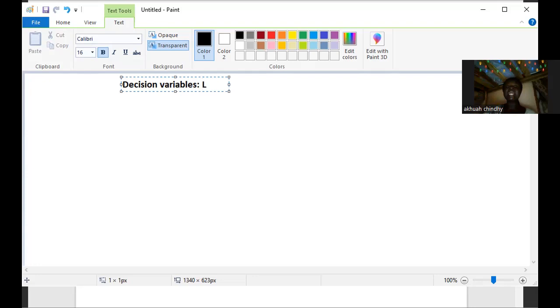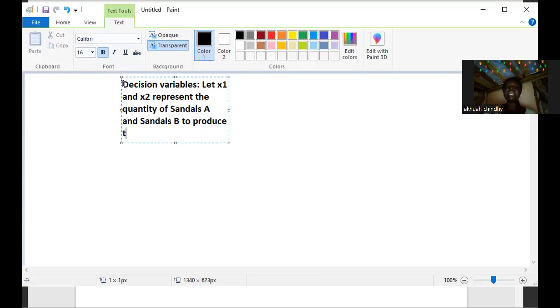So you can say, let x1 and x2 represent the quantity of sandals A and sandals B to produce respectively. So the respectively here is trying to associate x1 to sandals A and x2 to sandals B, right?